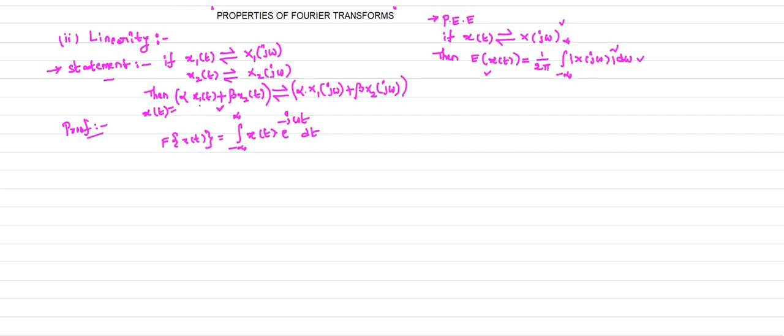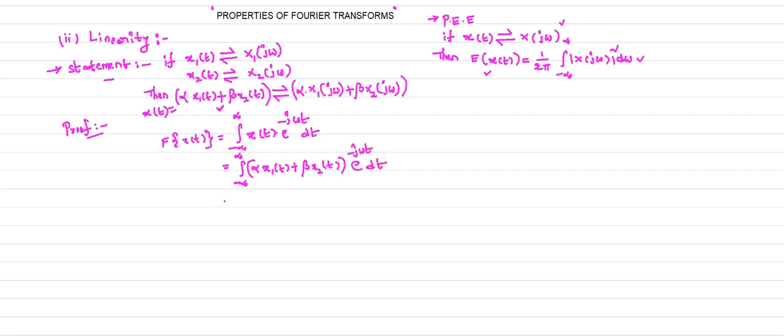Now what is the x of t here? Here x of t is a linear combination of the two signals, which is alpha times x1 of t plus beta times x2 of t, multiplied by e power minus j omega t dt.